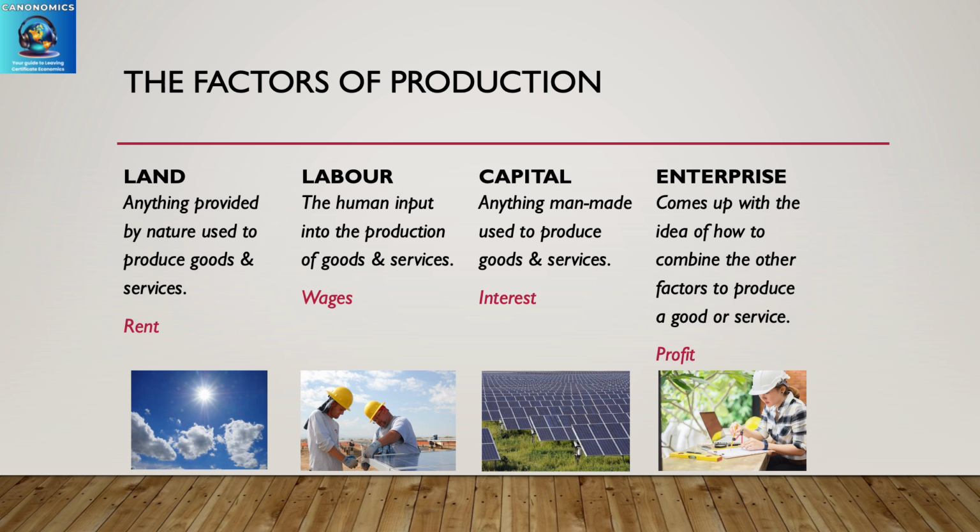They source steel to build frames and solar panels to put onto those frames. They're man-made. They're examples of capital. They employ workers to assemble the frames and the panels and maintain them. This is labour, the human input. Enterprise is the original idea the farmer has to produce electricity, and how land, labour, and capital are combined to make this happen.